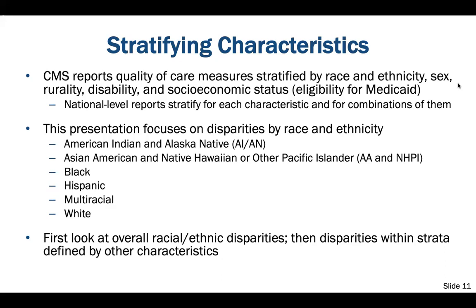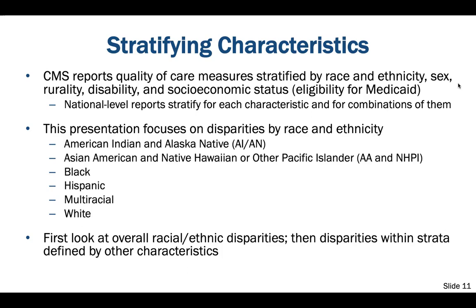The way that this work for CMS is currently organized involves a 6-category classification, whereby anybody who endorses Hispanic ethnicity is in a Hispanic category. Anybody who endorses exactly one race, but who doesn't endorse Hispanic ethnicity is in that category.